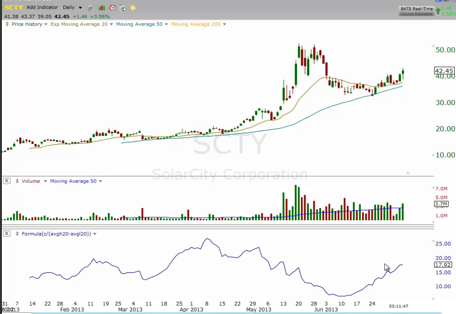Now, I know some of you are thinking, to have 10 Solar Cities in my portfolio would be a little bit too much. And yes, you should always trade what you feel comfortable with. If you don't feel comfortable taking stocks that are as explosive as Solar City, maybe you could take 3 or 4 out of your 10 position portfolio that are explosive and have a few that are at 40 and a few that are at 50 and slower.